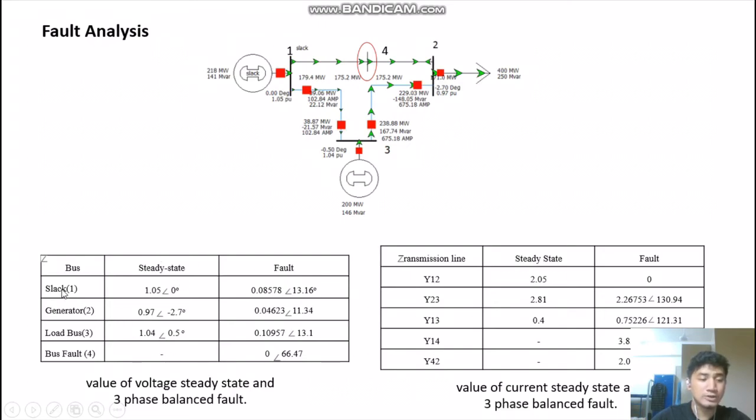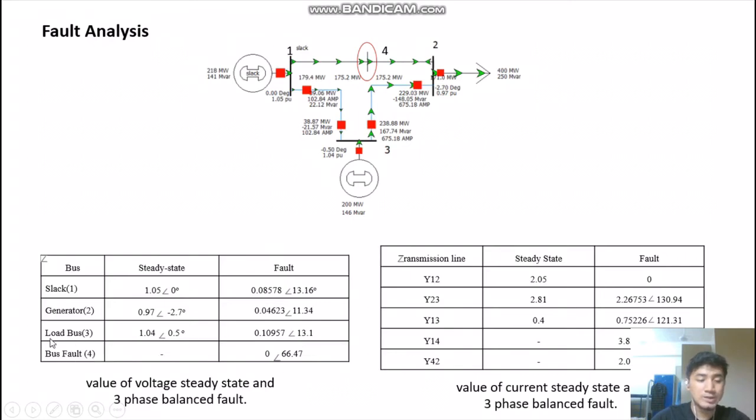For the slack bus, from 1.0 to 0.8578. For the generator bus, 0.97 to 0.4623. For the load bus, 1.04 to 0.1957.